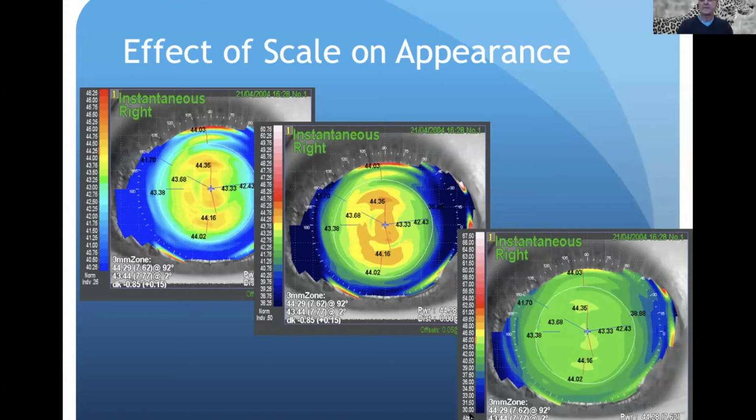This is an absolute scale, so we know that the green is going to be in the normal zone. By increasing the steps, as you can see here, 31.50, 33, 34.50, we've removed a lot of the noise and that gives us a more normal appearance to this cornea.